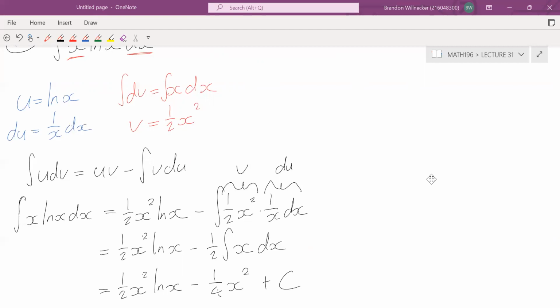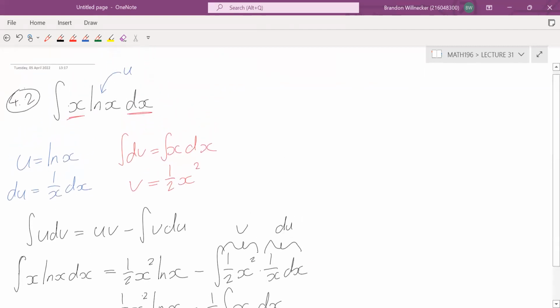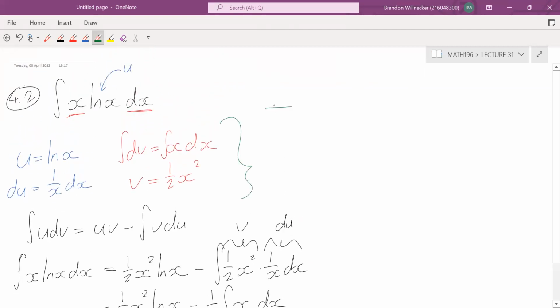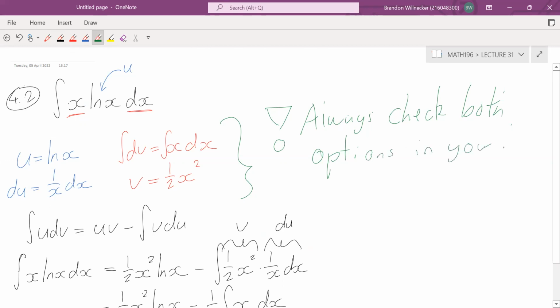Okay, not too bad. Now, remember here for this part, big exclamation mark: always check both options in your head before picking.